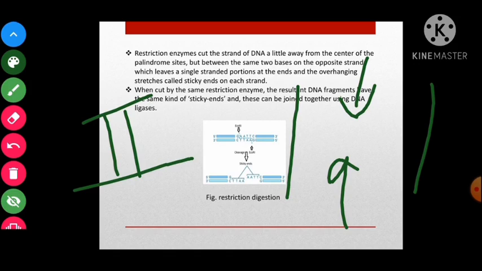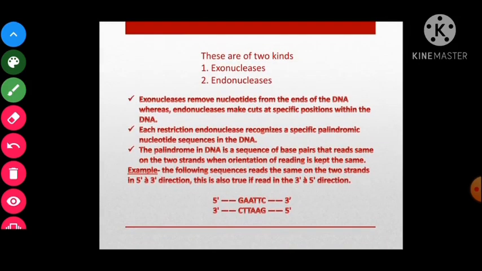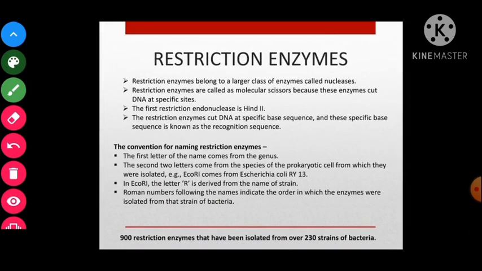And children, do you know that over 900 different type 2 restriction enzymes are known, right? And which are obtained from about 230 strains of bacteria.